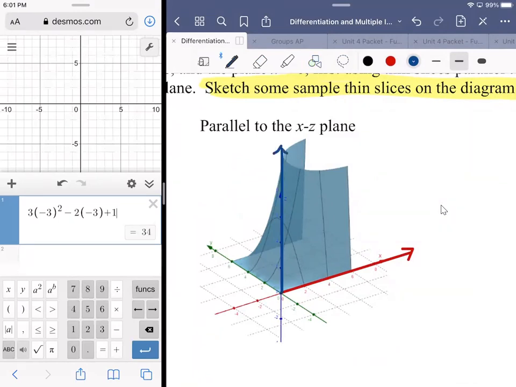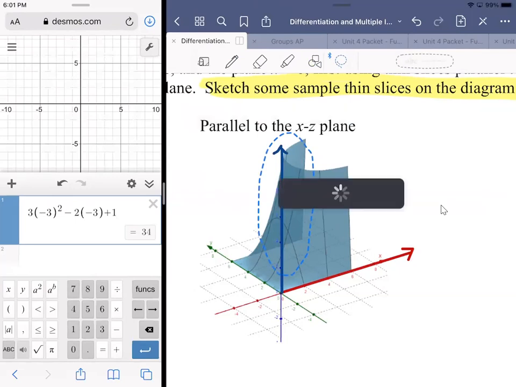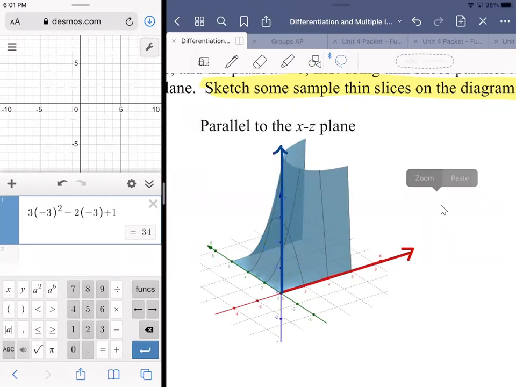All right, so that's my XZ plane, and I'm looking for a figure, or at least a plane that is parallel to that. So I'm going to just do a couple of copy paste jobs here. Let me actually get rid of this.